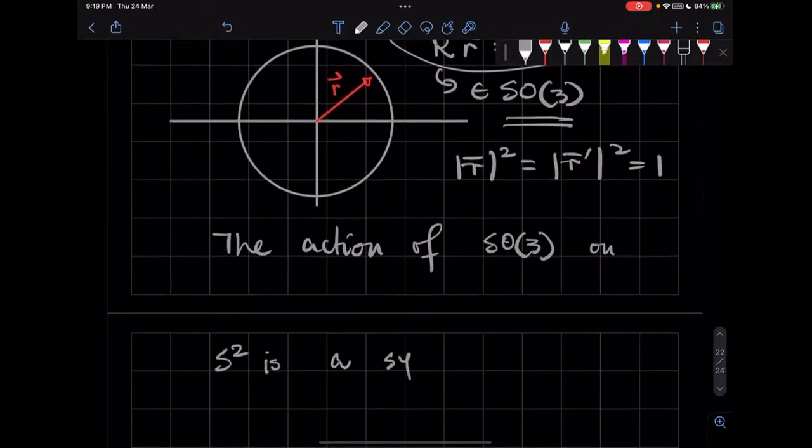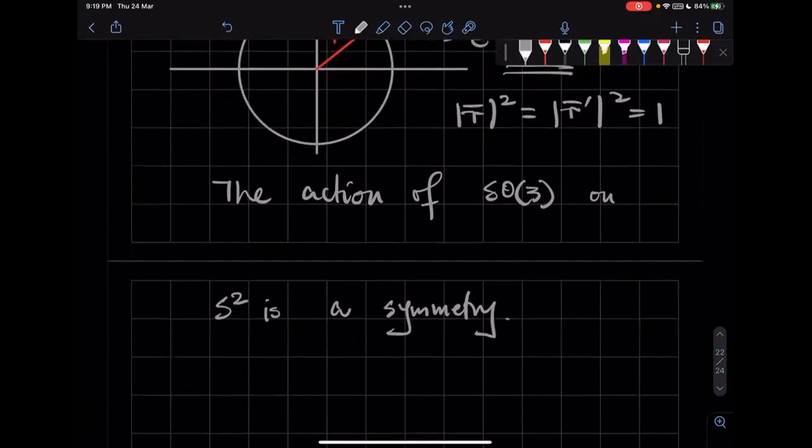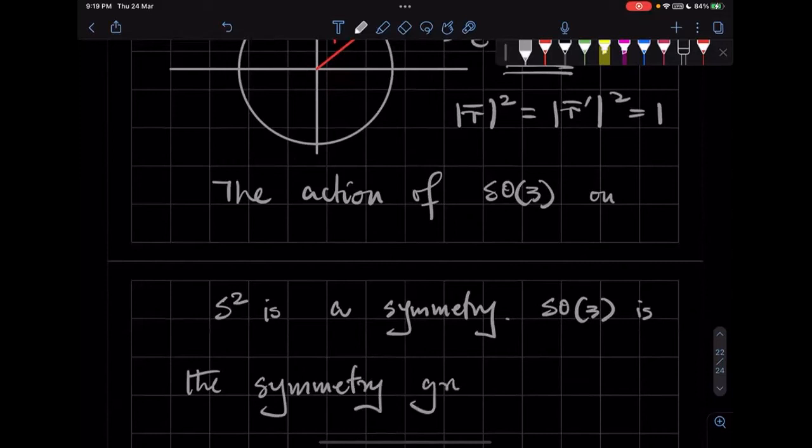It's a symmetry. So we say that SO3 is the symmetry group of S2. So I'm trying to be very heuristic here. I'm just trying to give you the intuitive idea. And we'll pin down the details later.